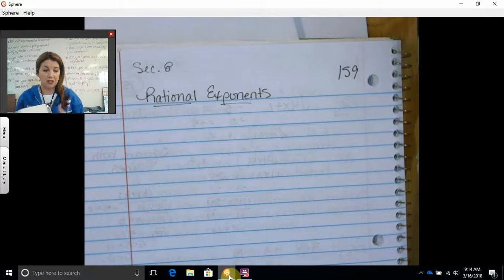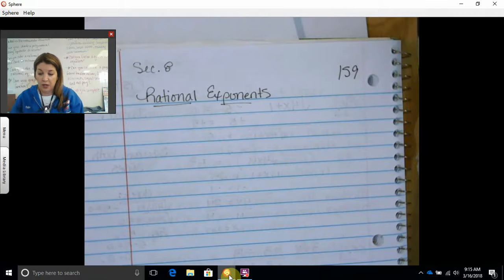All right, so last class we talked about radical equations. And remember, a radical equation is when you don't just have a radical in your equation, but there's a variable under the radical sign. That's called the radicand. The radicand has a variable in it. That's what makes a radical equation.